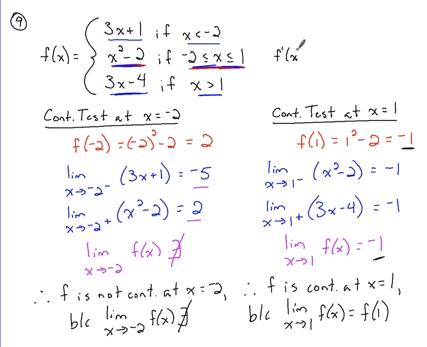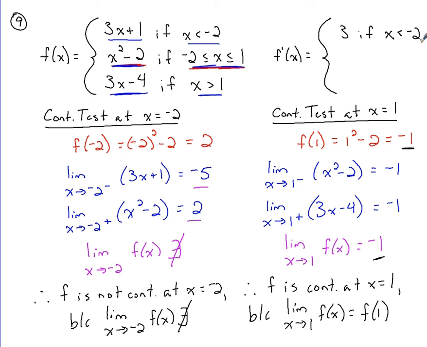Now, we haven't done this before where we take a derivative of a piecewise function, but it's not too hard. All you do is you take a derivative of each respective piece. So we started with 3 pieces on the function. We'll have 3 pieces on the derivative. If I take the derivative of the first piece, 3x plus 1, that's just going to be 3. And the domain is still going to be for all x values less than -2.